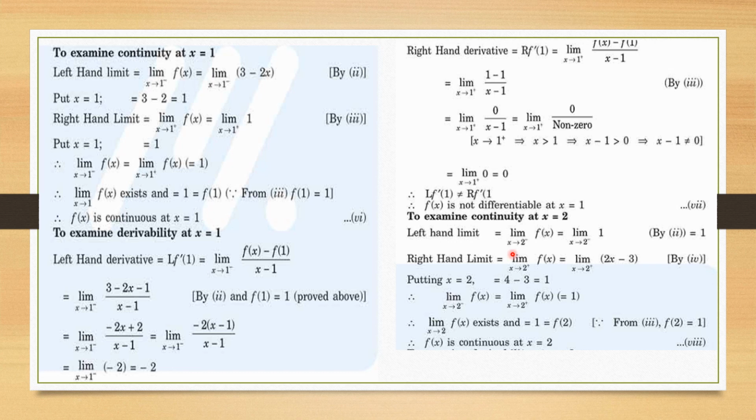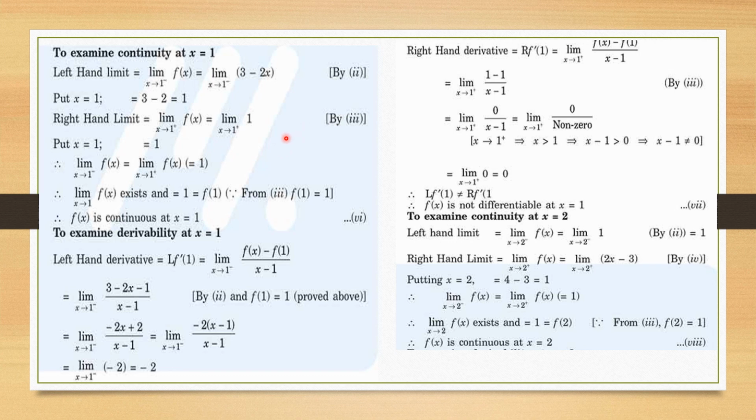Firstly I'll take the continuity at x equal to 1. You can check the left hand limit and the right hand limit, and you will find they both are the same, and the value of the function at this point 1 is also the same as both these values. So the function is continuous at x equal to 1.